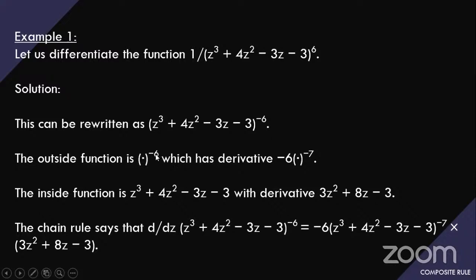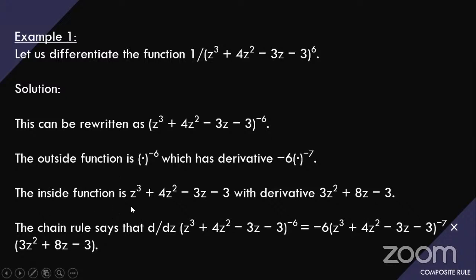Now, when we differentiate, our power rule says bring down the power, multiply by the function, and reduce the power by 1. So we get minus 6 times the inside function, presented as a dot, raised to the power of minus 7.